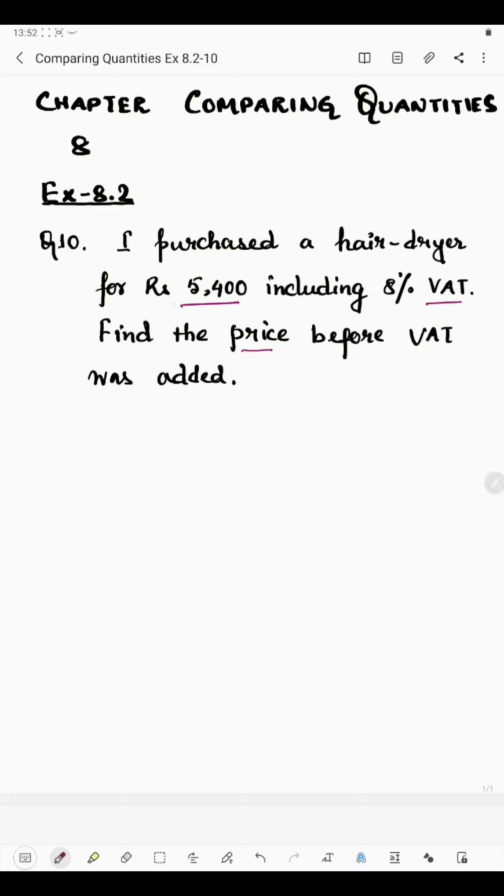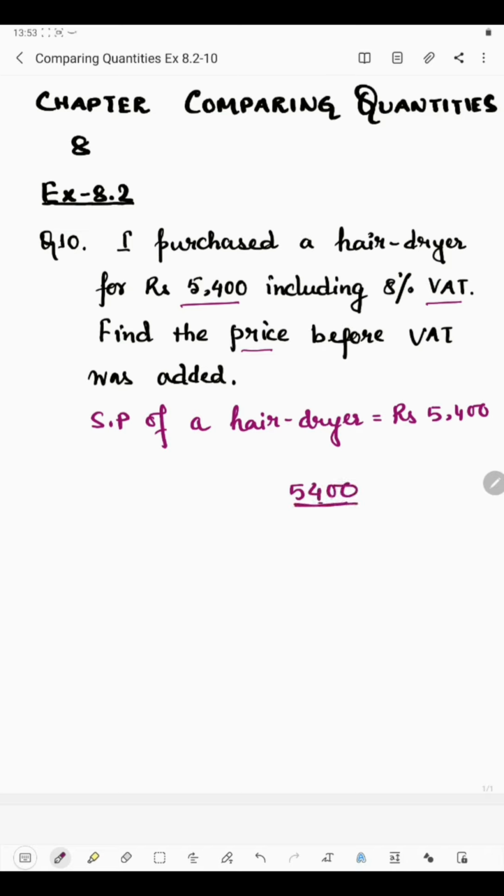Okay. So here the selling price of a hair dryer is given, which is rupees 5400. Now, this 5400 is the amount including VAT.